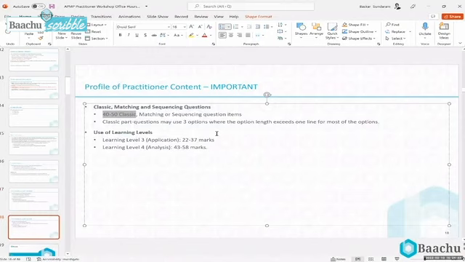The analysis questions, you need to base on the scenario, base it on who is the buyer, who's the competitor, and the interaction between them. Those analysis questions will be coming in the classic matching and sequence matching.